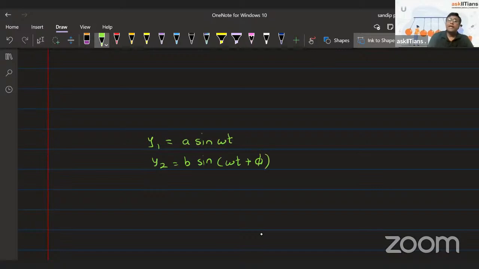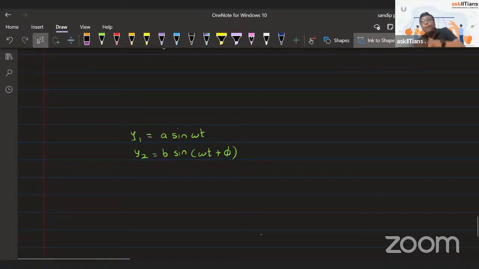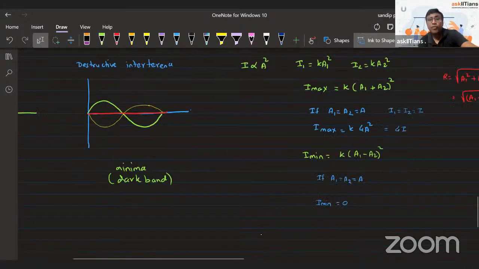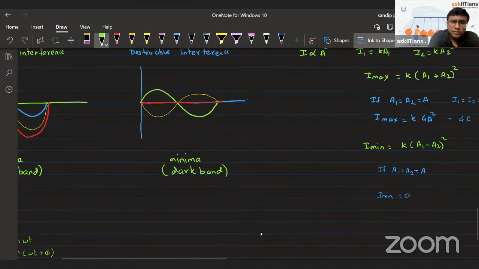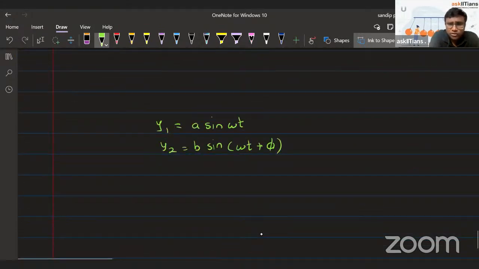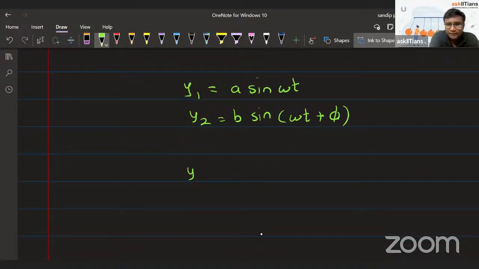Y1 is a sine omega t and y2 is b sine (omega t plus phi). When they meet together at some particular point, the first wave is y1, the second wave is y2. When they meet here, there will be a superposition. Superposition of two waves means addition of these two. So y is equal to y1 plus y2.